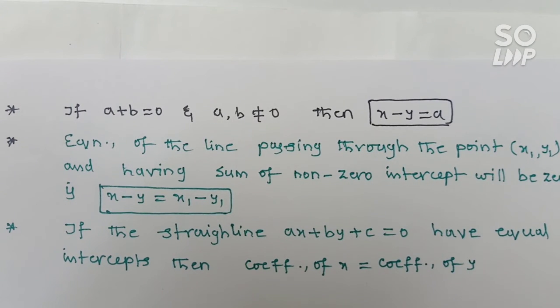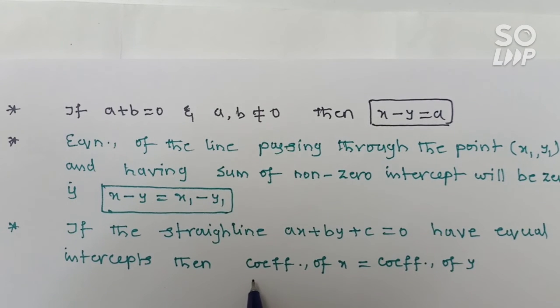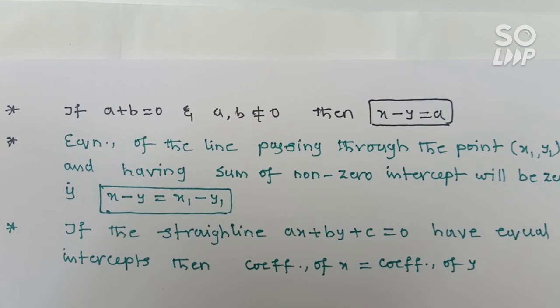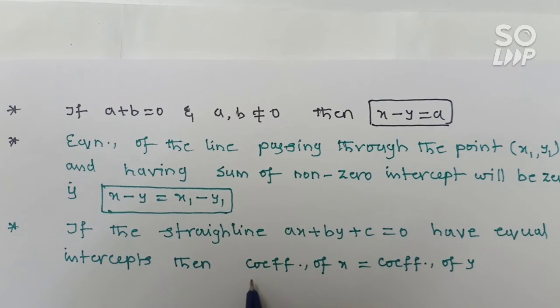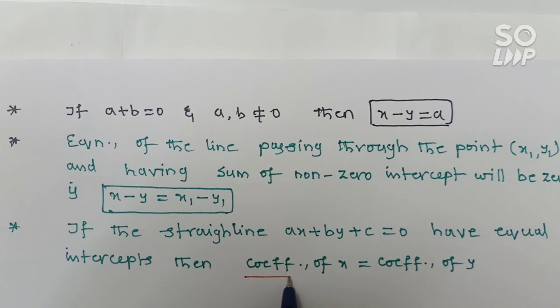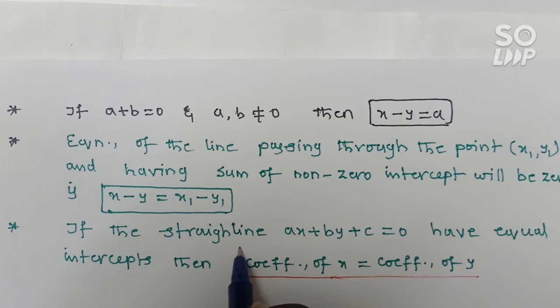In any problem related to intercepts, if the condition is that the given line makes equal intercepts, then immediately we should write that coefficient of x is equal to coefficient of y. This is a very important formula.